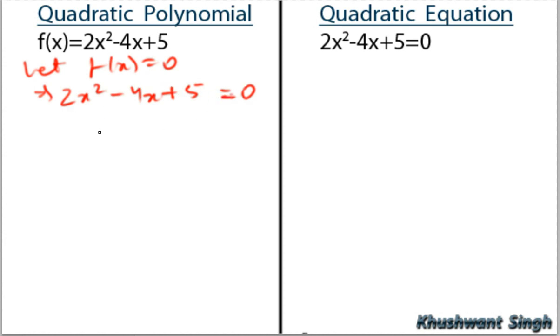Now try to split the middle term. Product of two numbers must be 2 into 5, which is 10, and the sum of two numbers must be minus 4, the central number. Can you really find those two numbers whose sum is minus 4 and product is 10?